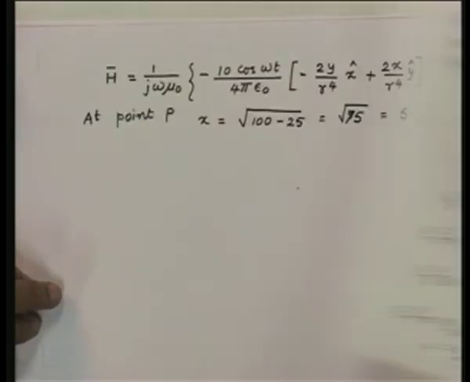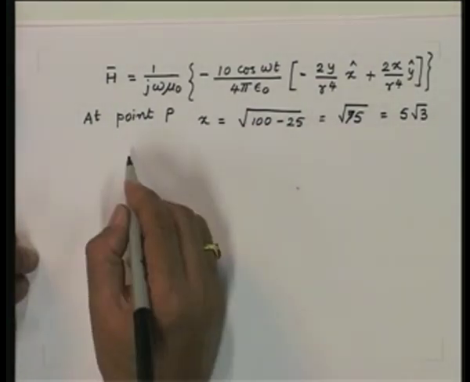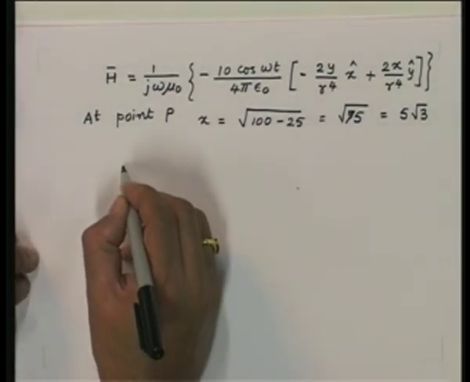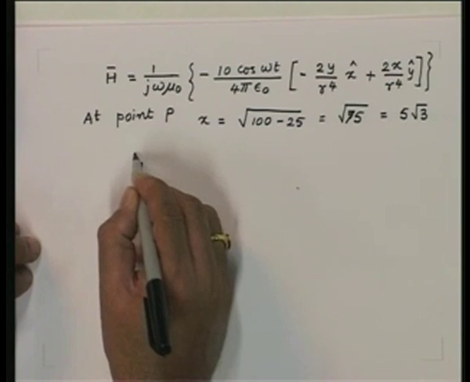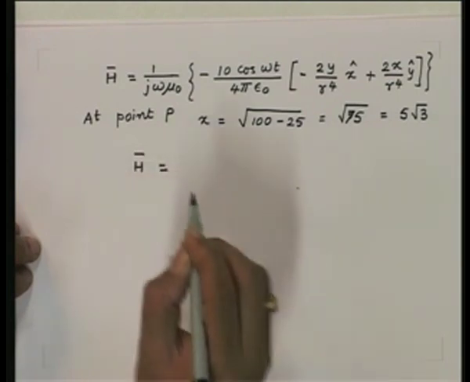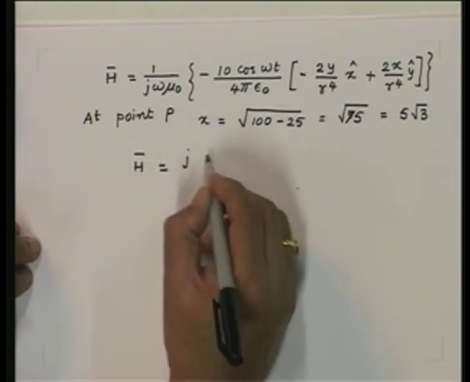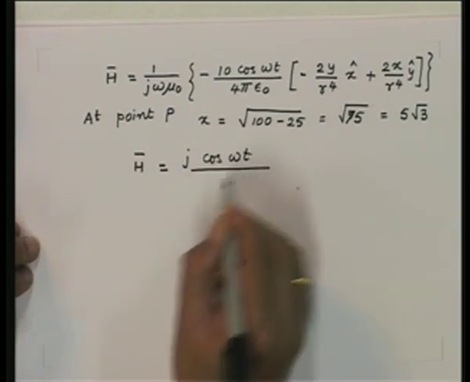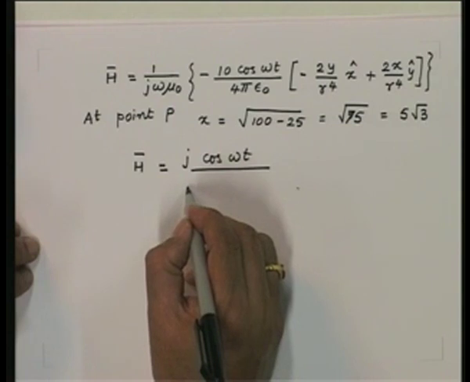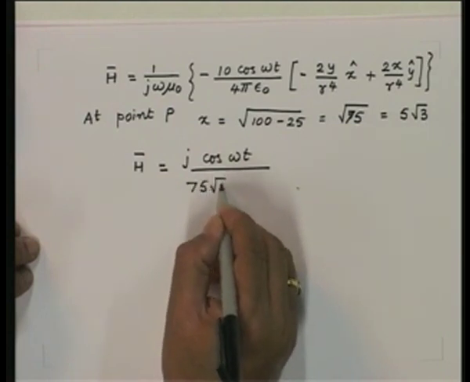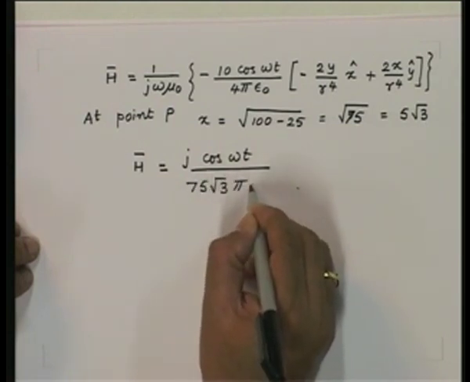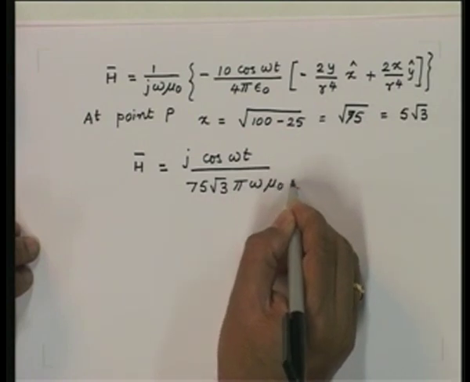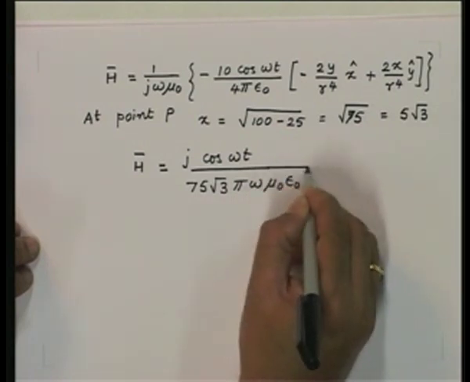I can get the total electric field E, or total magnetic field H, that will be equal to j cosine of omega t divided by 75 root 3 pi omega mu 0 epsilon 0.